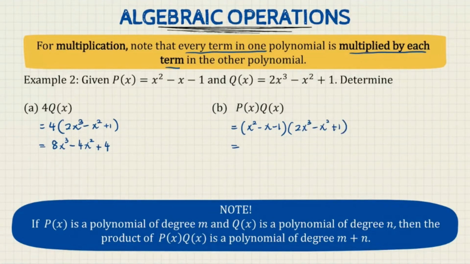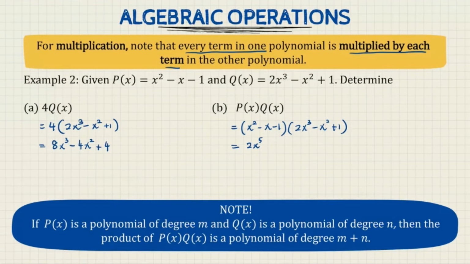Okay, so here we have to expand one by one. x square multiplied by 2x cube, multiplied by negative x square, multiplied by 1. So the first one will be 2x. x square multiplied by x cube. When you multiply two indices, the powers add. So it will be x to the power of 5 or 6? What do you think? 5. Correct. So 2x to the power of 5.